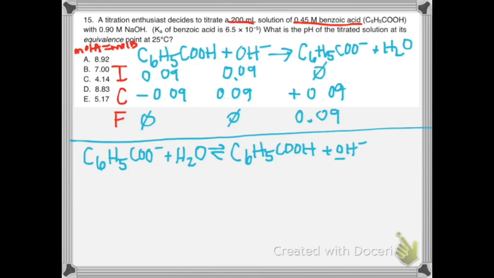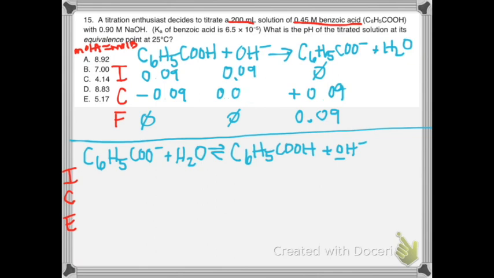Okay, and so as the saying goes, when in doubt, ice it out. But hold up, wait a second. In ice tables we put molarity, but in the ICF table we get moles. So we need to figure out what volume we have so we can get the moles of benzoate into molarity.